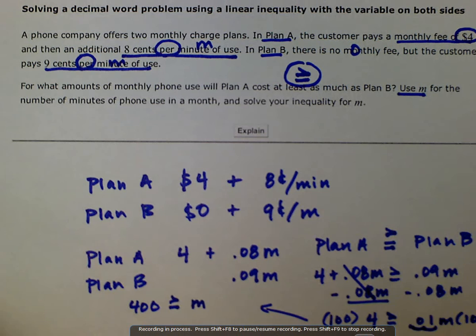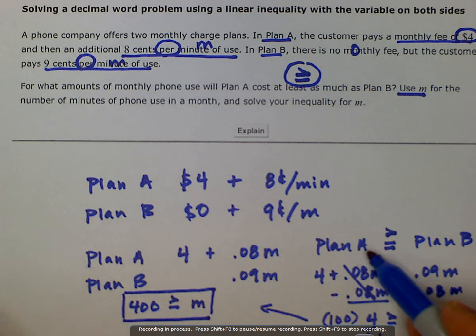We would get the same exact thing if we were to divide both sides by 0.01. 4 divided by 0.01 would still give us 400. And nothing happens to our sign because we multiplied by a positive number or we divided by a positive number. And the number of minutes that we would need in order for Plan A to be at least as much as Plan B is 400.